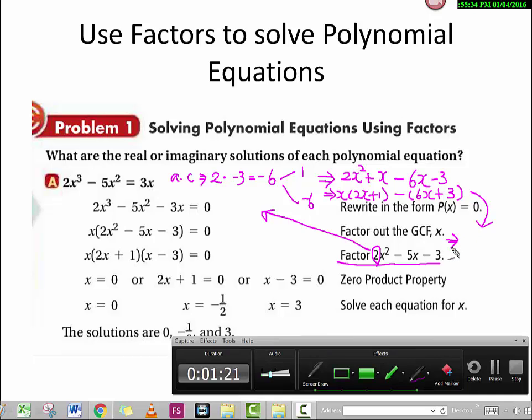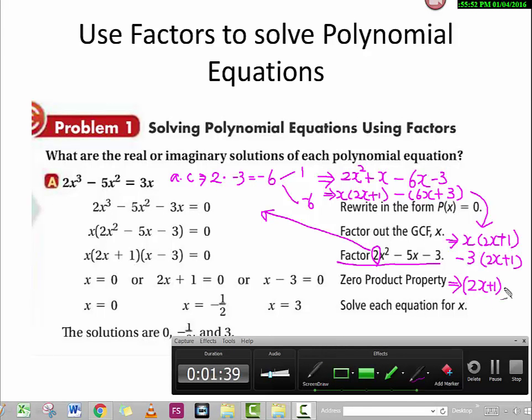We're going to have x times 2x plus 1 minus 3 times 2x plus 1. Now we got a common factor here, and then we can factor this out. Do the reverse distributive property. We have 2x plus 1 times x minus 3, which you have right here.